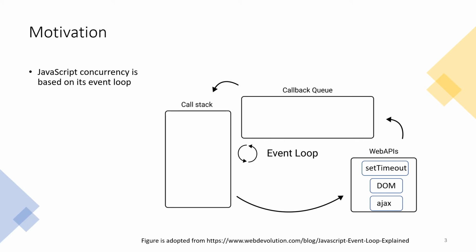We first motivate why it is useful to have a thread-based concurrency model for JavaScript. JavaScript concurrency is based on its event loop, which consists of a call stack, a set of web APIs, and a callback queue. Asynchronous code on the call stack may invoke web APIs, which register callback handlers to wait for some asynchronous events.